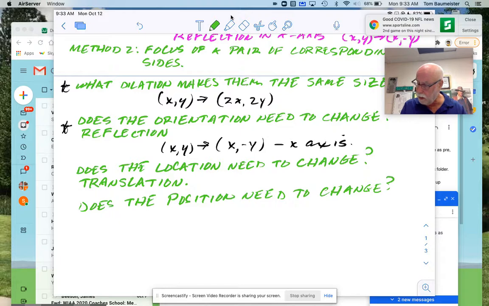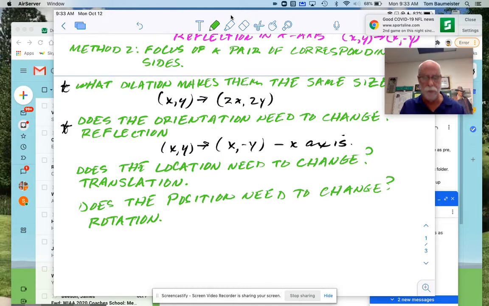And if that's the case, then again, you'll have a rotation. Remember, you can have a rotation of any degrees from 0 to 360. All right?